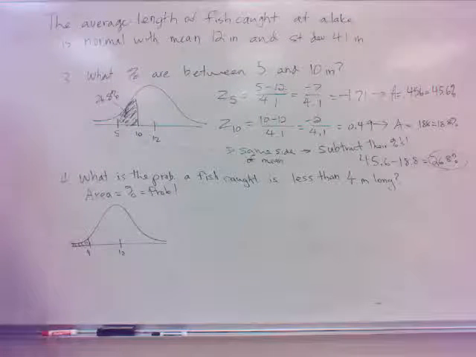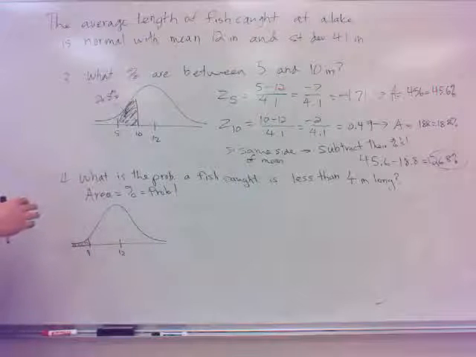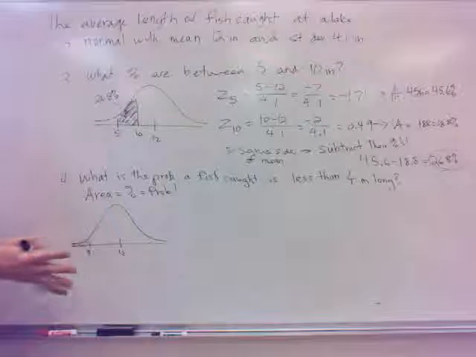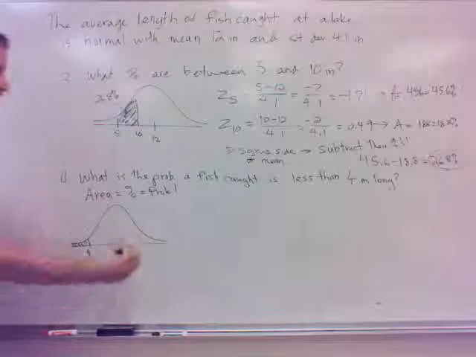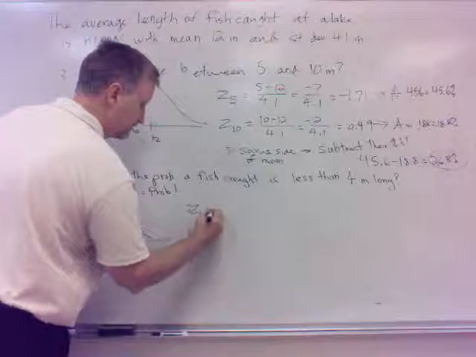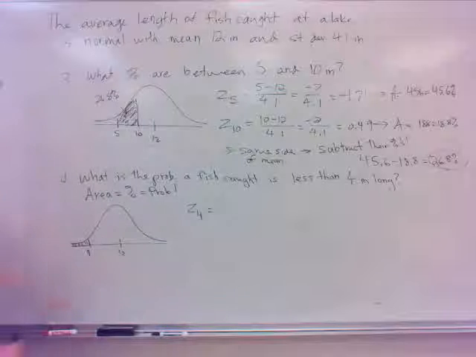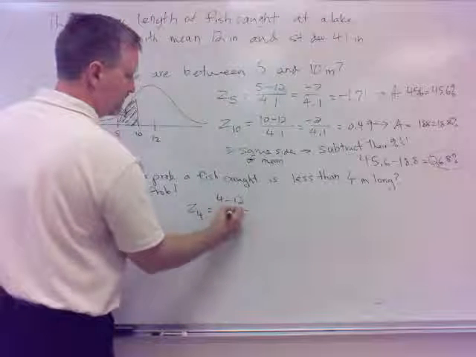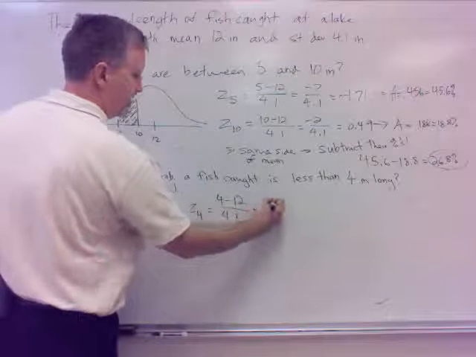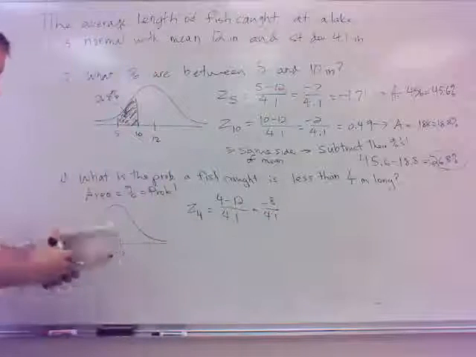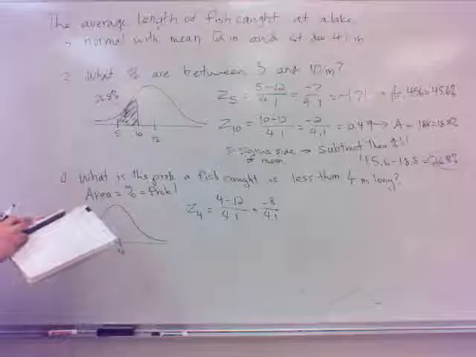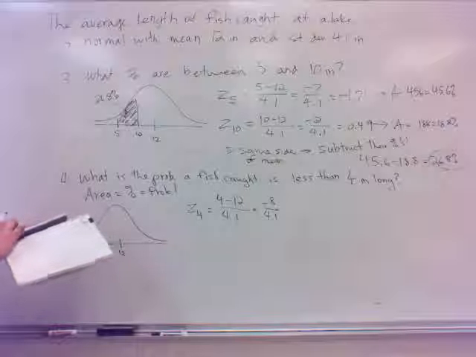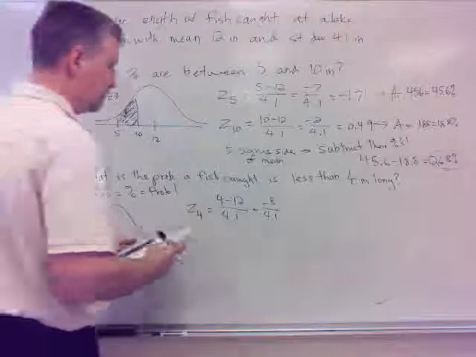All right. So what do I need to do here? Well, it's obviously not nice standard deviations away, so I need to use the table there. So I'm going to use my z-score. Get the z-score of 4. So that's 4 minus 12 divided by 4.1, which is negative 8 divided by 4.1, which is negative 1.95.